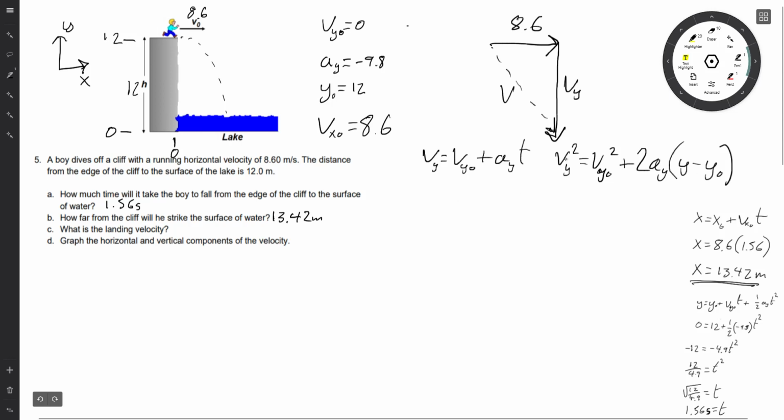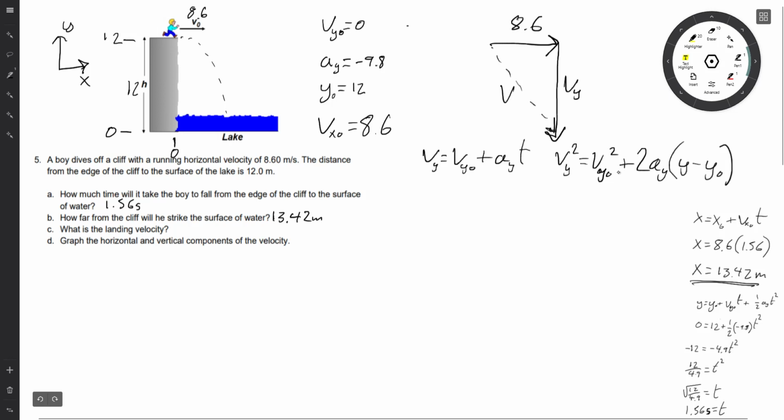If we use this equation, we see that we actually have all of this information already. We know that he's going to go 12 meters, so that's going to be 12 minus 0. We know his acceleration is negative 9.8, and we know his initial velocity is 0. What we're going to be looking at is his final velocity.